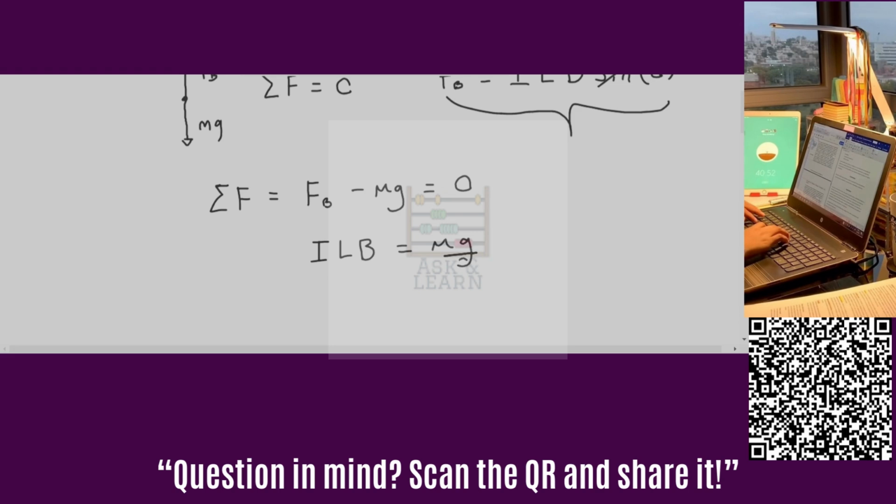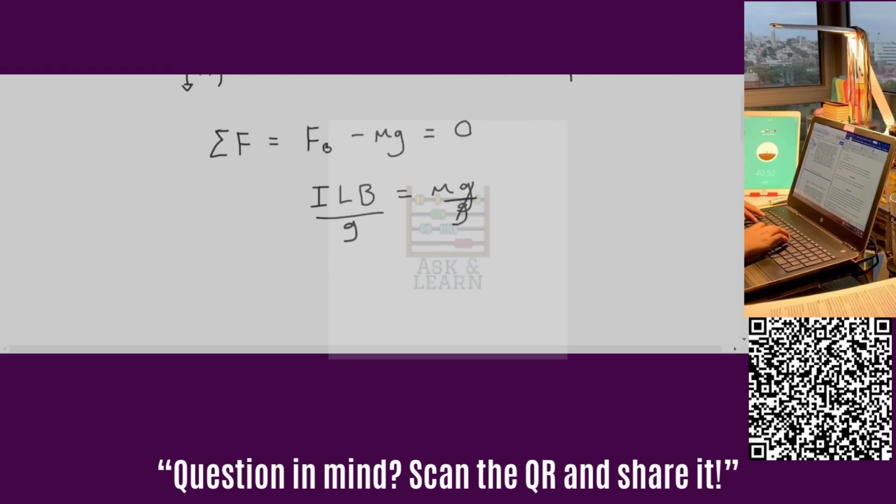And we can divide both sides by g and have m isolated. So m is equal to the current times the length times the strength of the magnetic field over g. Okay, so we don't know what the current is in our bar, but we can substitute out for it.